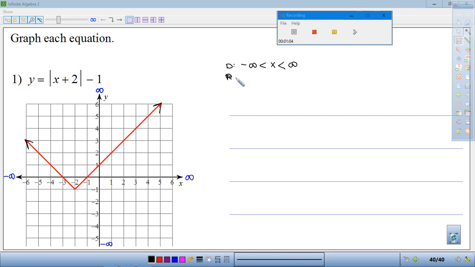Range is my outputs. So the lowest this graph ever goes, this is the lowest. And the y value that causes the lowest, range is the one time we're using y values. The y value of the lowest point is -1. This graph does touch -1 right here.